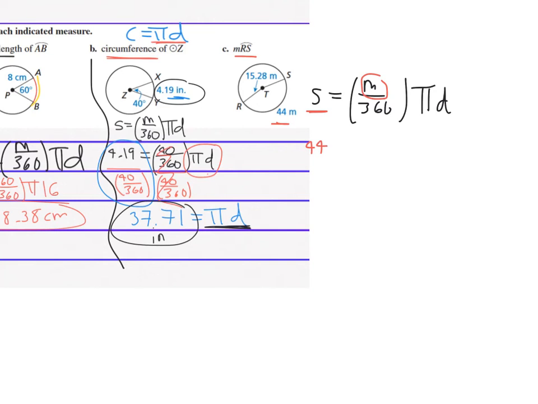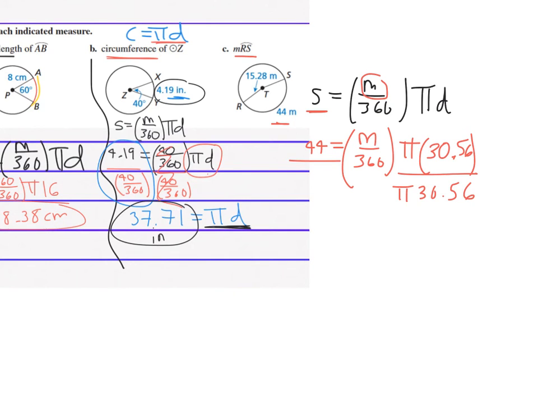So 44 equals, I don't know my M, so I'm going to leave that as M over 360, pi times diameter. You want to make sure for your diameter that you are using double your radius, so that should be 30.56. All right, and then you can divide out pi and 30.56.